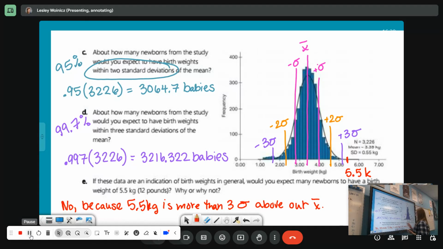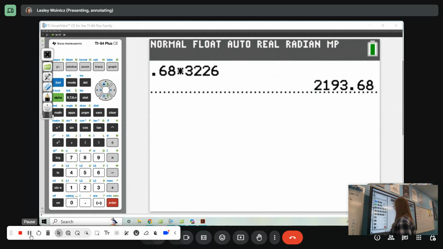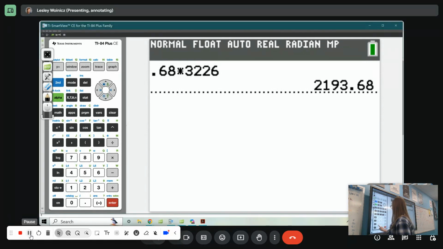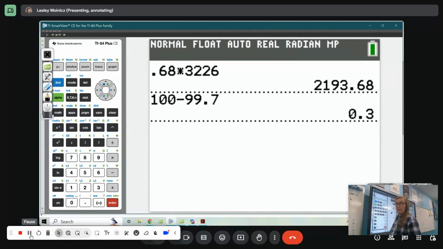Okay, so let's think about this. If 99.7% of our data falls within 3 standard deviations, then how much of our data is left to be outside of that? So we've got our 100% of our data, and what if we subtracted the 99.7%? That just leaves us with 3% left.